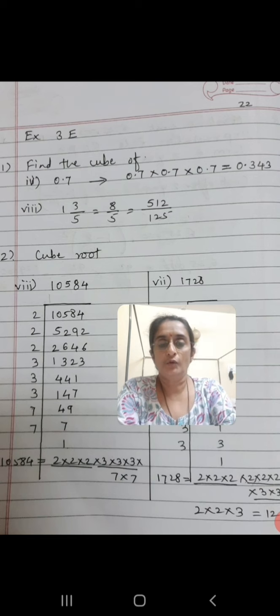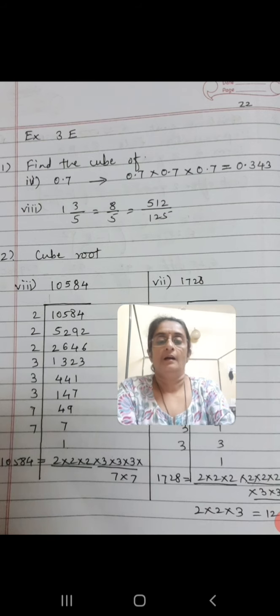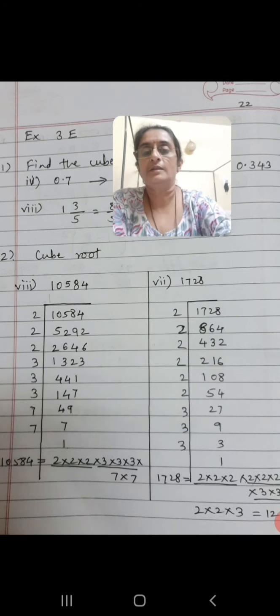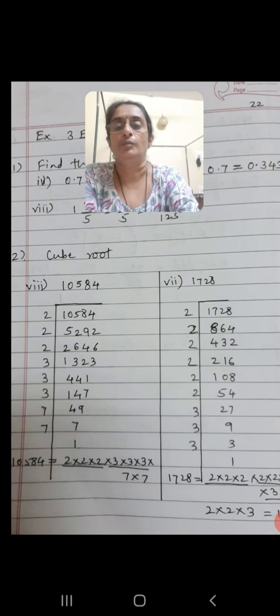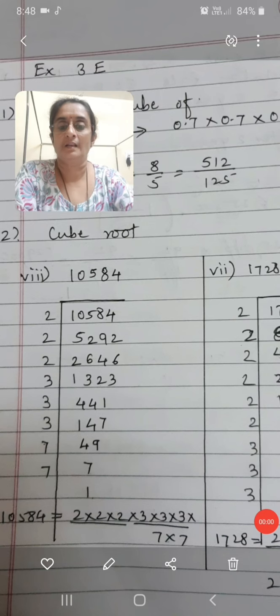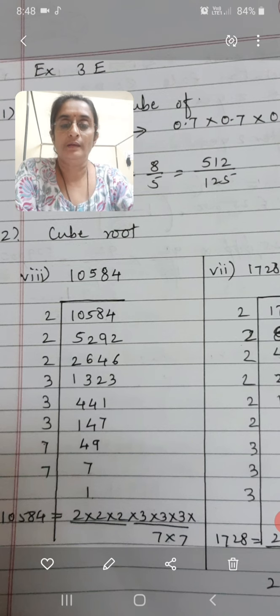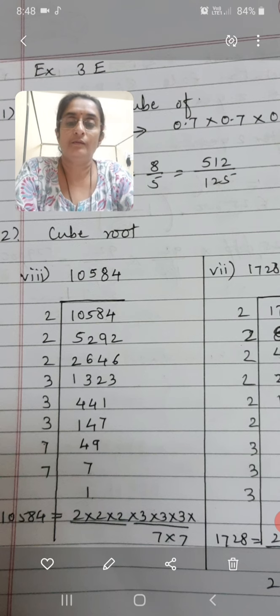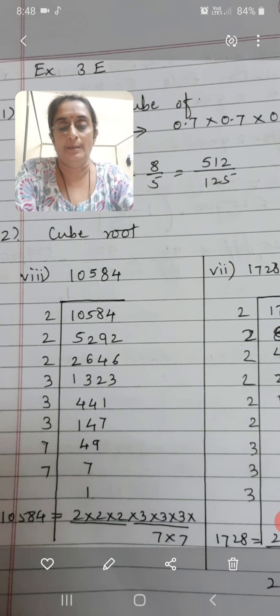Now to find out the cube root, we are going to use the prime factorization method only. Here the number which we have taken to find the cube root of is 10,584. The factors of 10,584 are 2 into 2 into 2 into 3 into 3 into 3 into 7 into 7. Now you know, children, for square root we made pairs of the numbers.